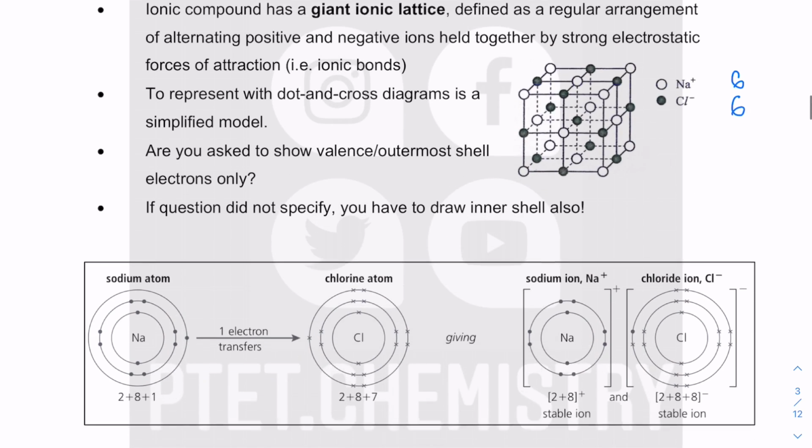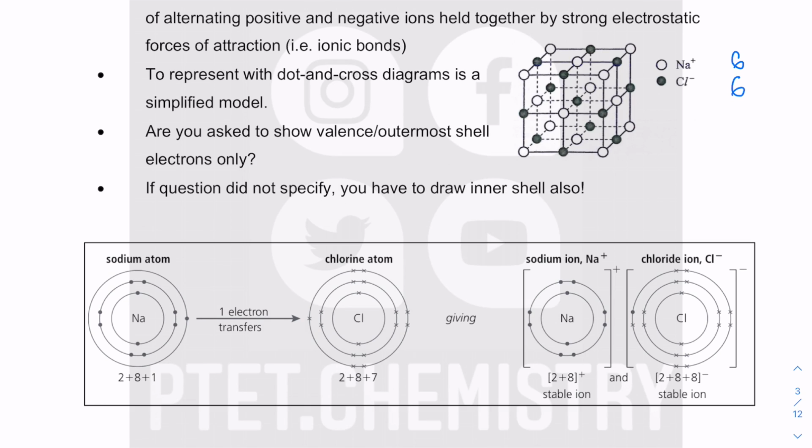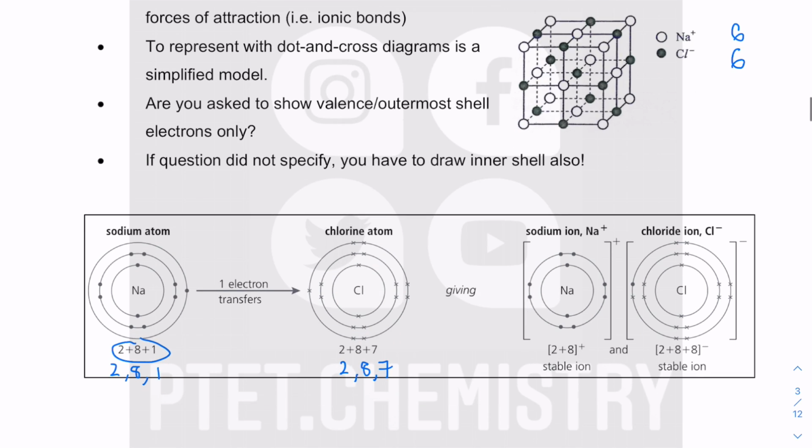In textbooks as well as in exams, on paper, we are usually asked to show using dot and cross. We show the atom first of all. So I don't like this 2 plus 8 plus 1. I probably prefer 2, 8, 1 like this, and this is 2, 8, 7 as we have done previously. So you will say this one loses 1 electron because first shell, second shell, third shell.